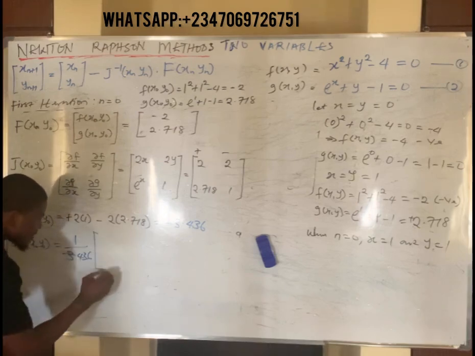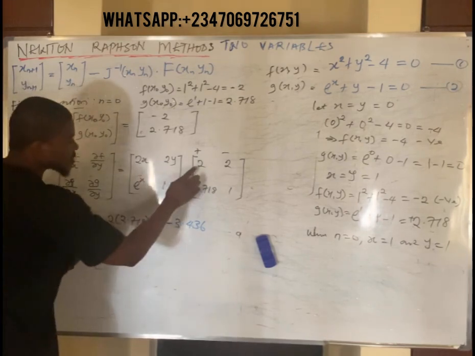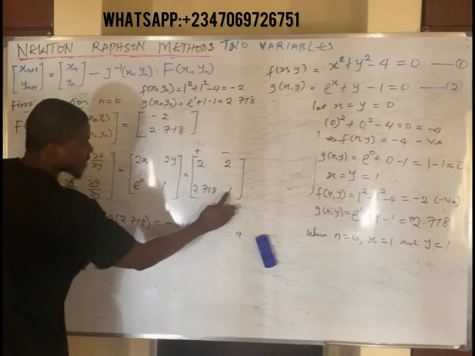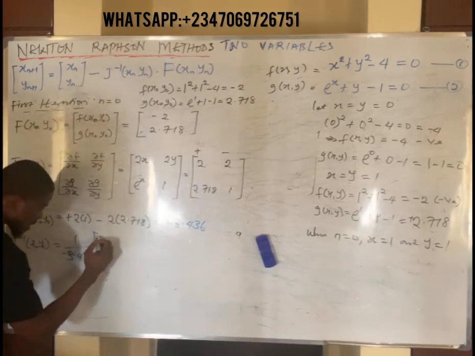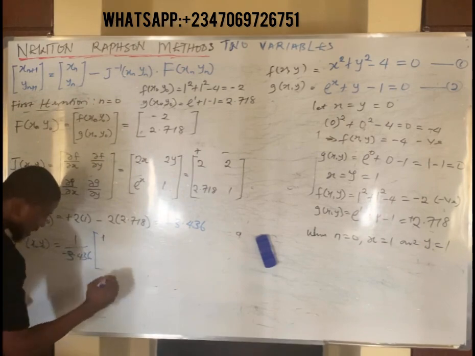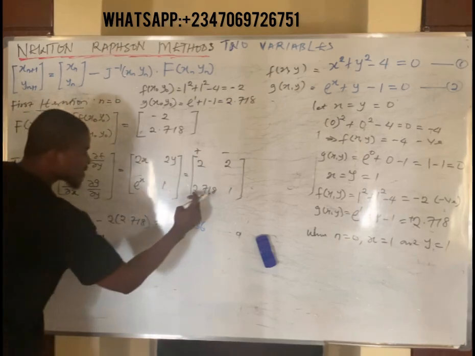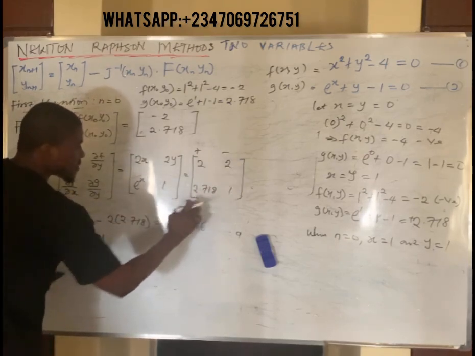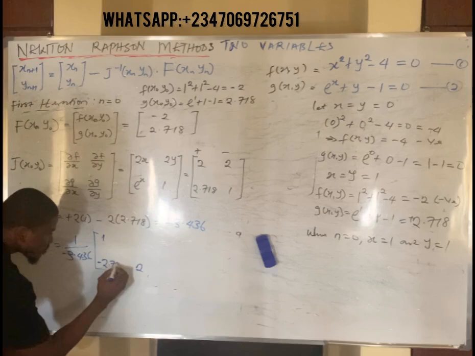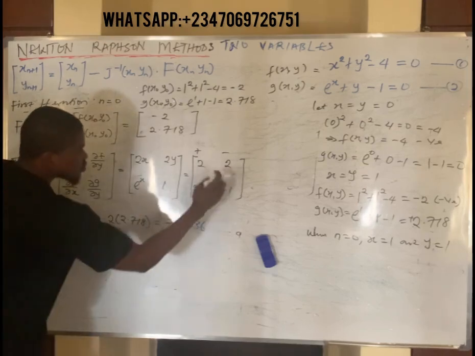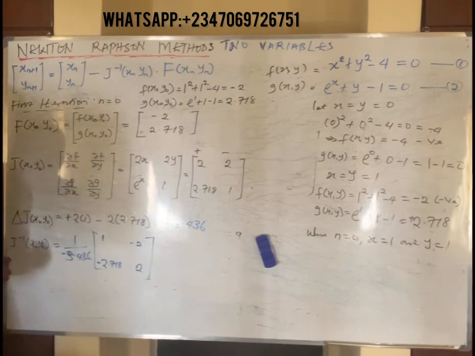Now multiply by the transpose of the major diagonal of the matrix. So I will simply take 2 and replace 1, take 1 and replace 2. So instead of having 2 on the major diagonal, I will simply have 1 here. And instead of having 1 here, I will simply have 2 here. Then you negate the minor diagonals. So this is 2.718, it becomes minus 2.718. Again, this is 2, so it becomes minus 2. And then you have this.